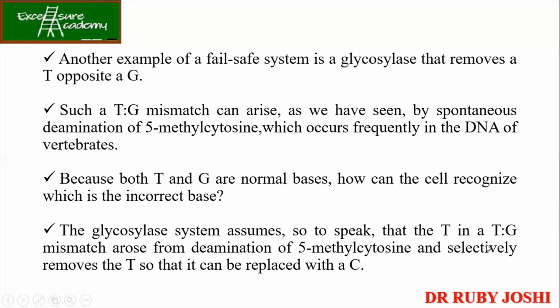Whenever there is this TG mismatch, this glycosylase system will come and replace T with C. So the enzyme understands that TG base pairing is wrong, removes the T and puts C. This is again done by the fail-safe glycosylase. Okay, is this much clear to you everyone, guys? Clear? Any doubt?